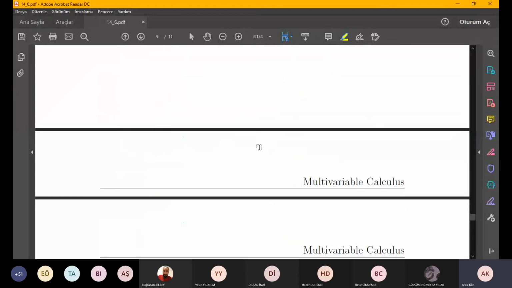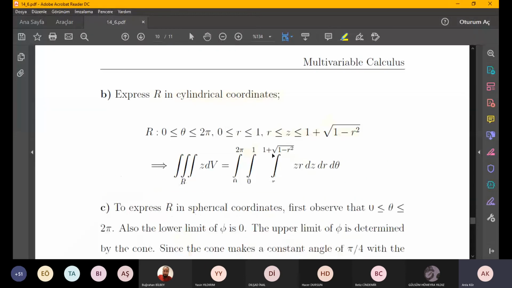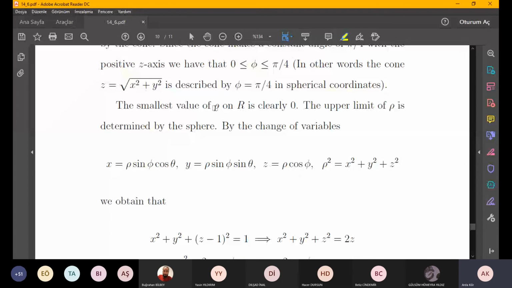And the last thing we need to write is the limit of integration for rho. The smallest value of rho has to be 0, and the upper limit here is determined by the sphere x squared plus y squared plus (z minus 1) squared equals 1.